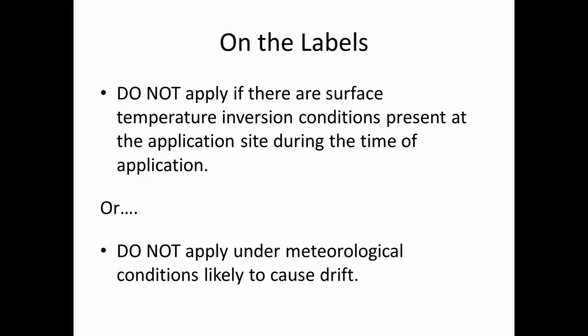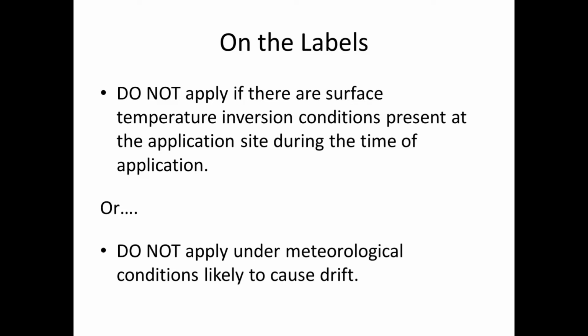That second option is a fairly broad statement that encompasses wind conditions as well as inversion, so it's telling us not to apply in very low winds or very high winds, as well as avoiding inversions.